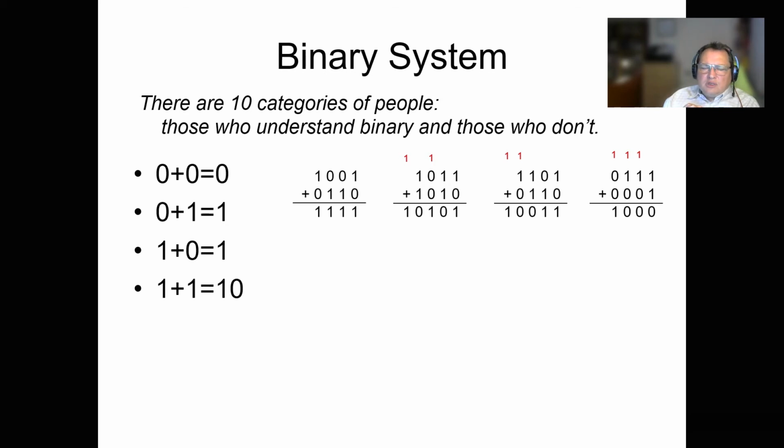So this is 9 plus 6, it should be 15, and this binary number down here indeed is 15, because it has 1, 2, 4, 8: 1 plus 2 is 3, plus 4 is 7, plus 8 is 15. Everything works, okay? Binary system works. So that's one good reason for computers to use the binary system.